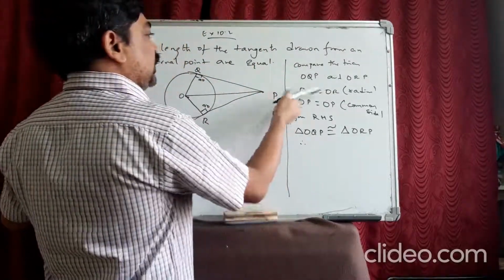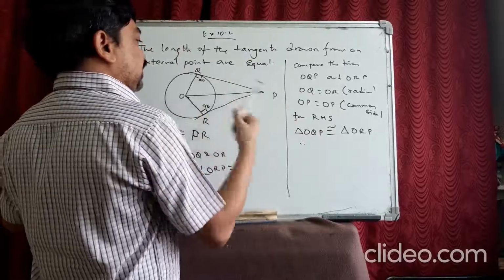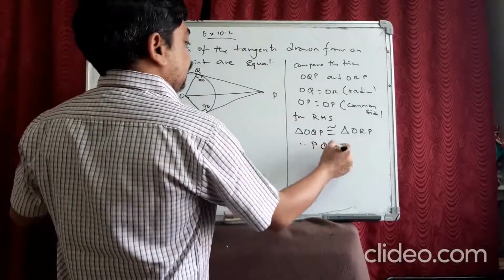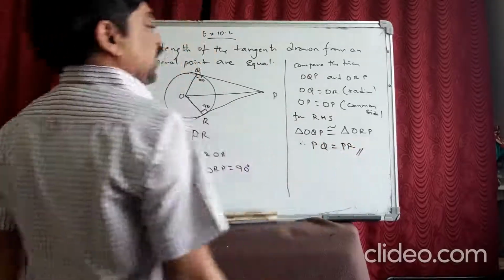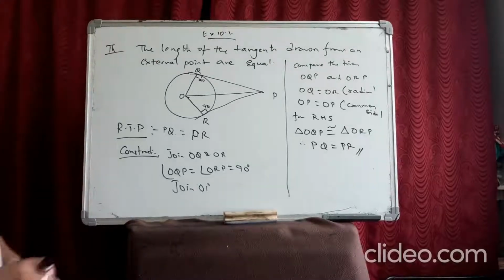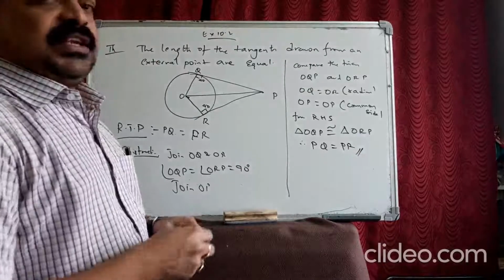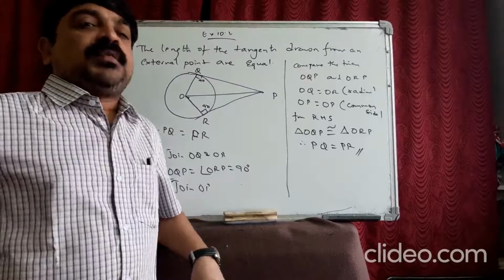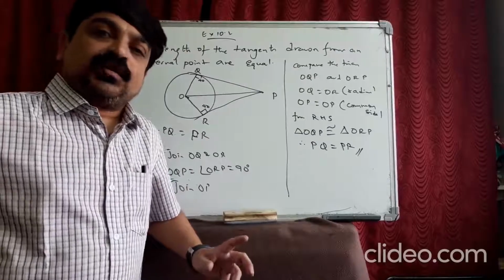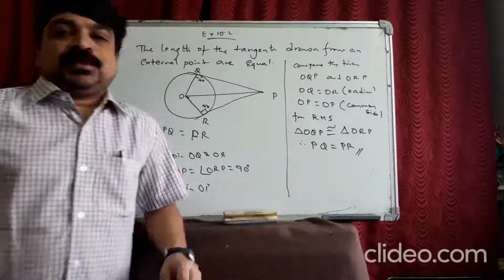Already OQ is equal to OR, and OP is the same side. Therefore, whatever is left, PQ is equal to PR. So what you learn from this theorem is that the tangents drawn from an external point to the circle are always of equal length.